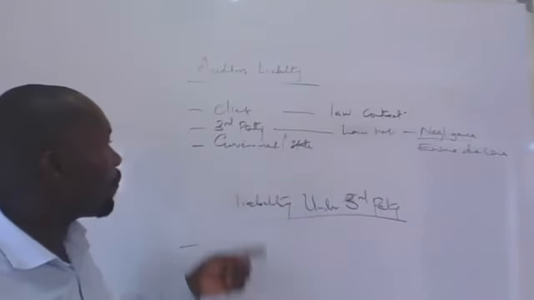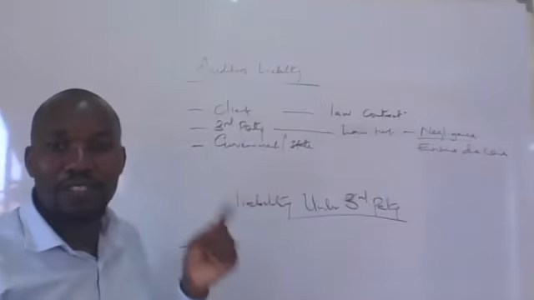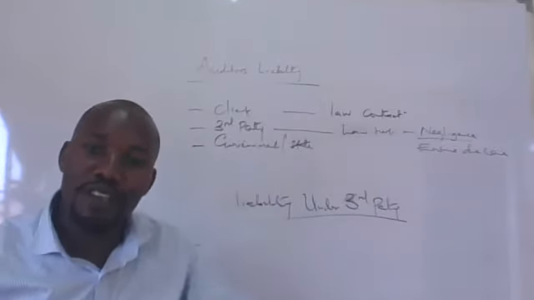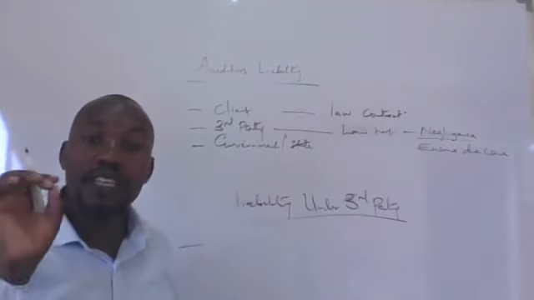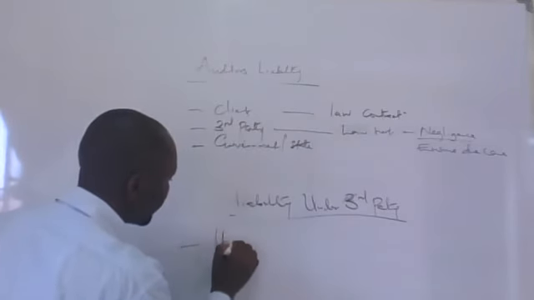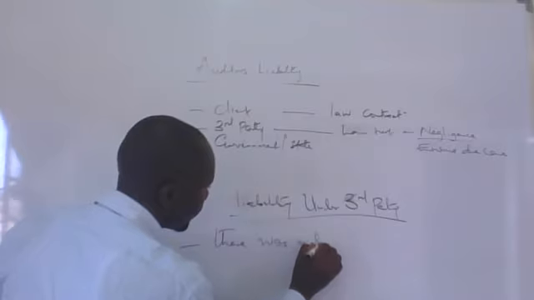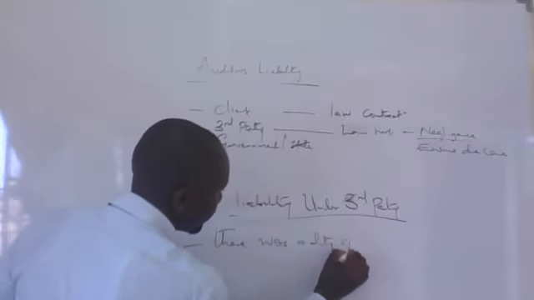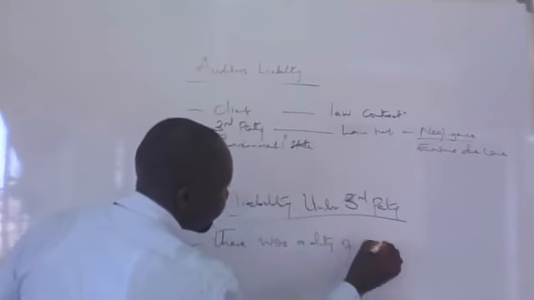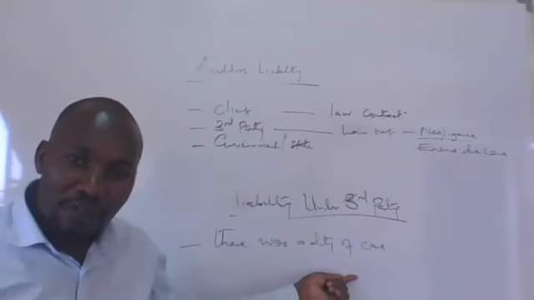So we are saying, number one, for this person, third party, to succeed in court, he has to sue you and prove that there was something you needed to take care of. So there was a duty of care. That's number one. But then you didn't actually ensure that.